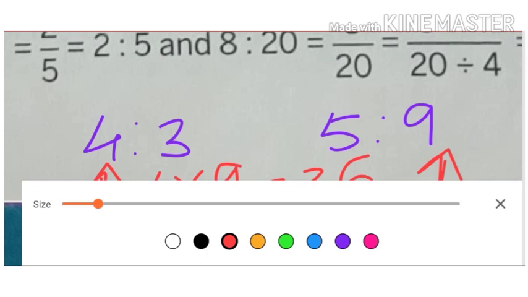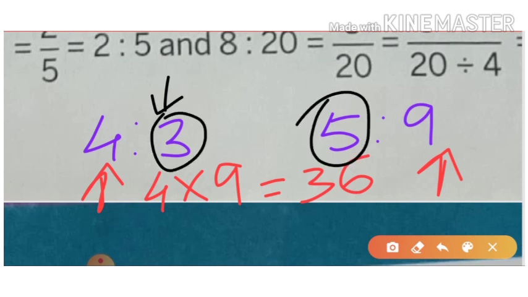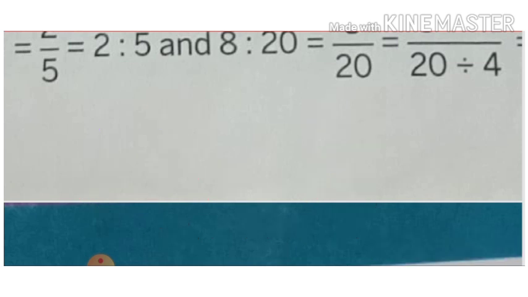And if you look here, these two are the means, the middle values. So 3 into 5 is equal to 15. Now if you look here, this 36 and 15 are not equal.